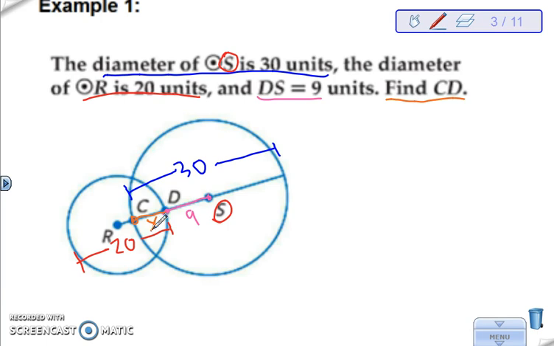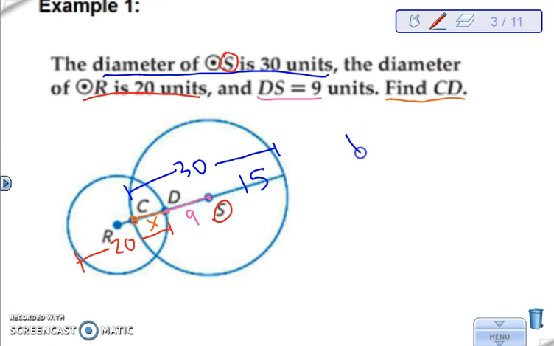We know that the diameter of the larger circle is 30. So if the diameter of the larger circle is 30, that means our radius has to be 15. We know that all three sections of that diameter combine to make 30.